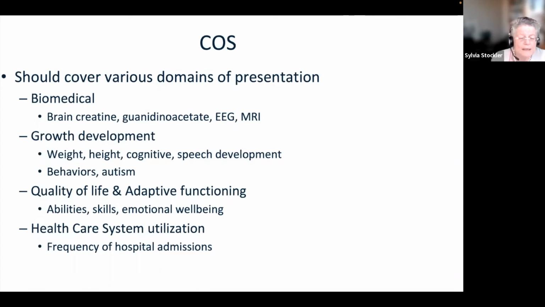Another domain is growth and development, which is clear to understand: weight, height, cognitive and speech development, behaviors, or behavioral syndromes like autism. And there's also an outcome domain which is often forgotten in clinical trials or in our considerations to design a clinical trial, and that's the utilization of the healthcare system. So, for example, would a treatment change the frequency of hospital admissions?